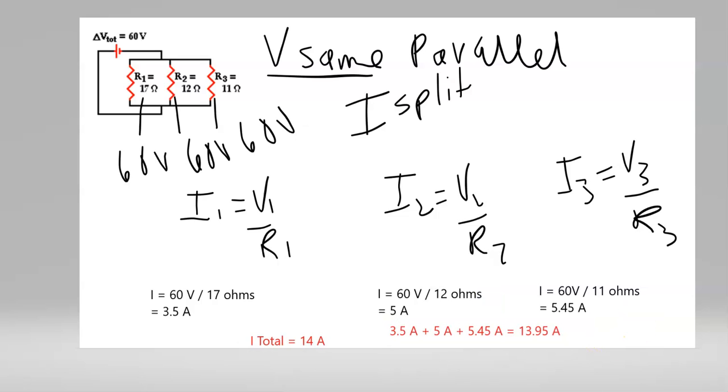That's pretty close, so I could definitely say that those check out, and that the current does actually split in our parallel circuit. So that's how you solve all the components of a parallel circuit.